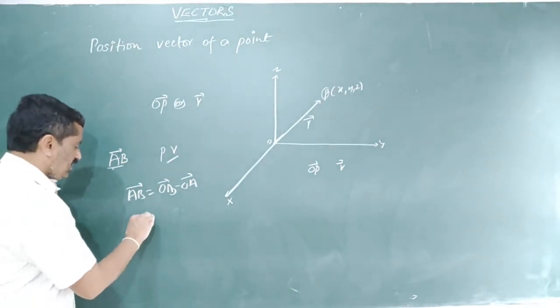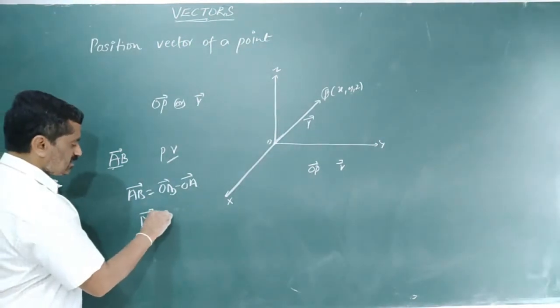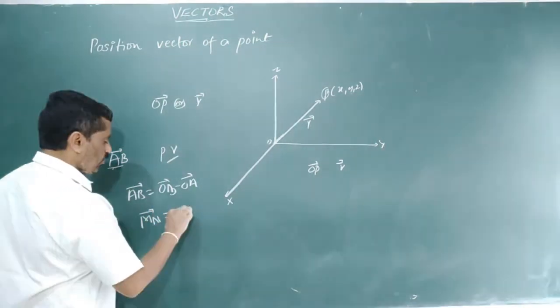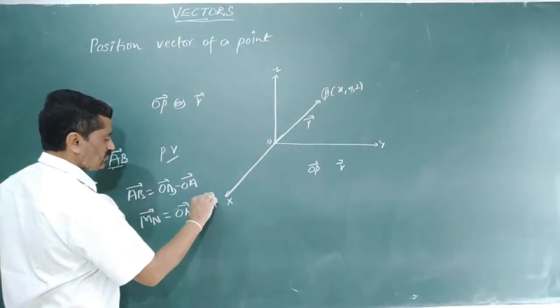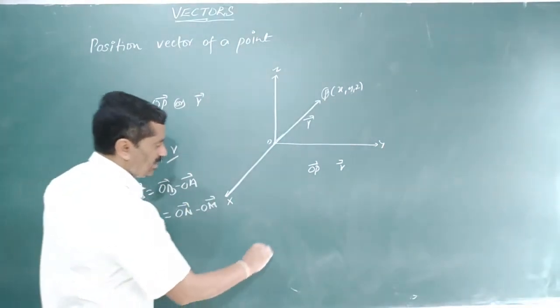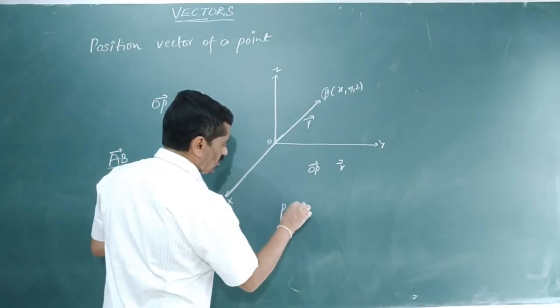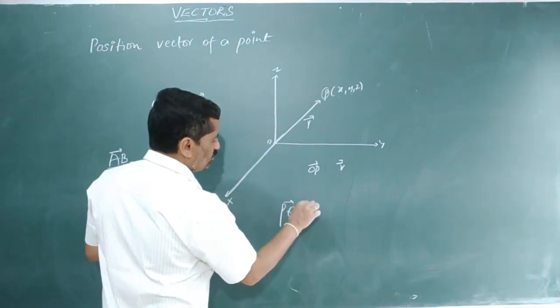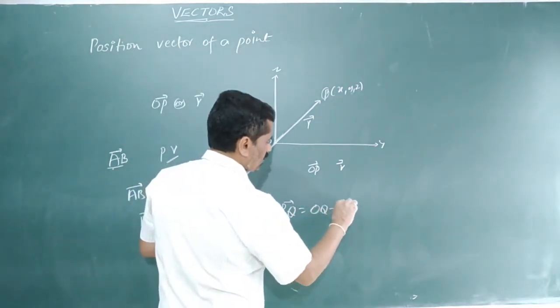Similarly, vector MN is equal to ON bar minus OM bar. Or similarly, the vector PQ is equal to OQ bar minus OP bar.